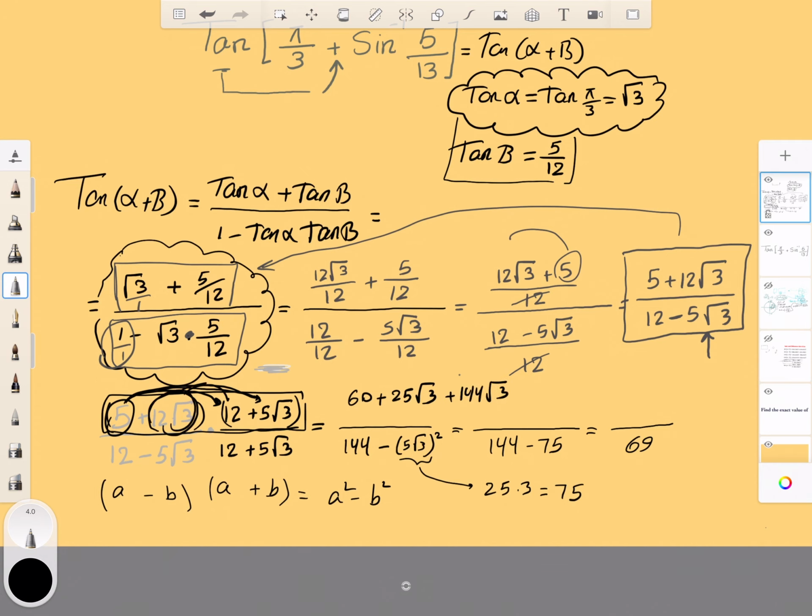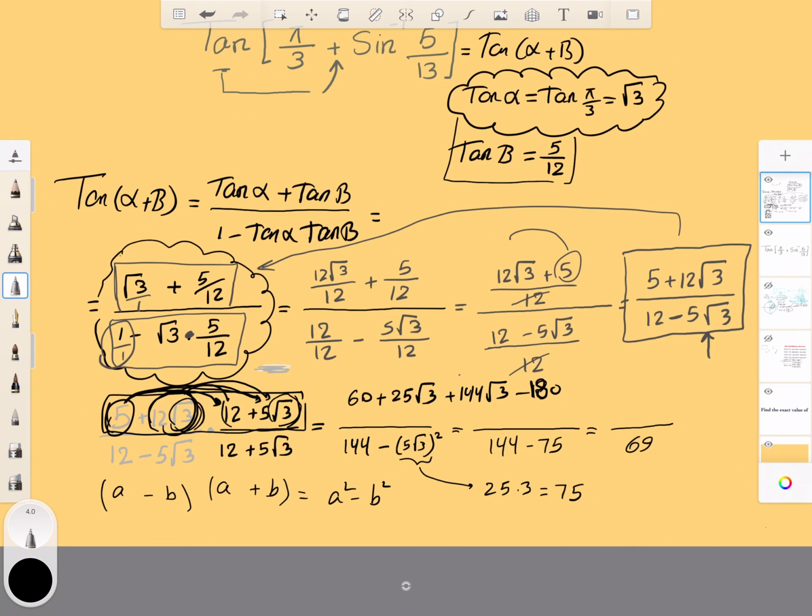And 12 root 3 times 5 root 3: 12 times 5 is 60, 60 times 3, since root 3 multiplied by root 3 is 3, is 180. So we have 60 minus 180. I hope I'm right.